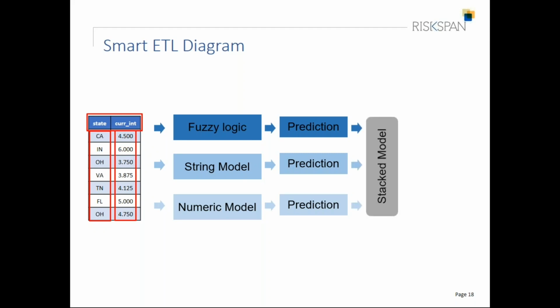And what we do then is take each of those individual predictions, combine it into a stacked model, which then comes out with our final predictions. So these are acting independently, and each one gives us a probability with what it thinks the column is. That's combined into a stacked model, which will then produce the final output, which we then use to make processing decisions about that column.